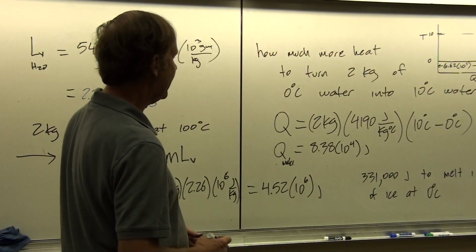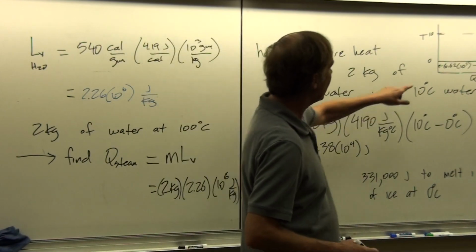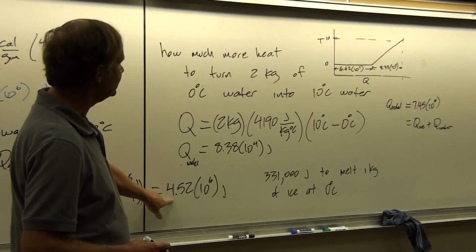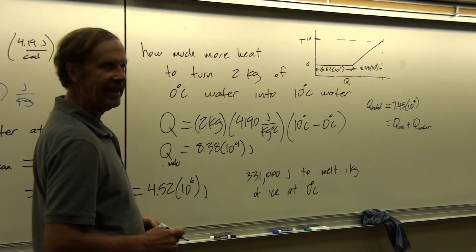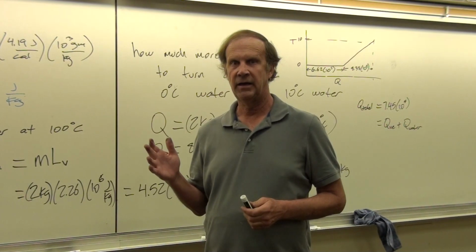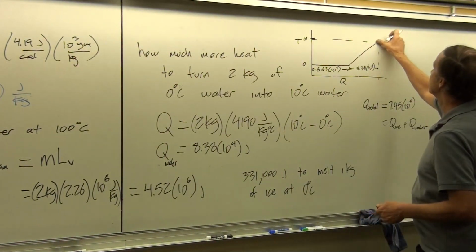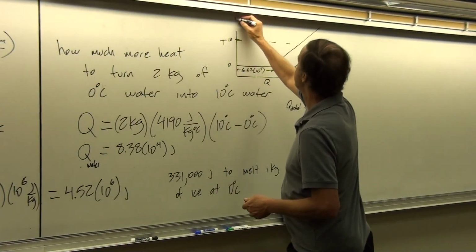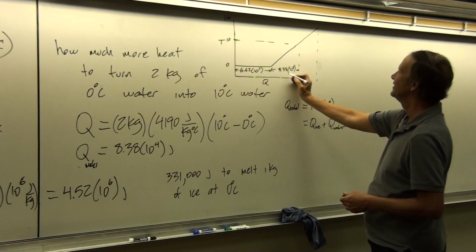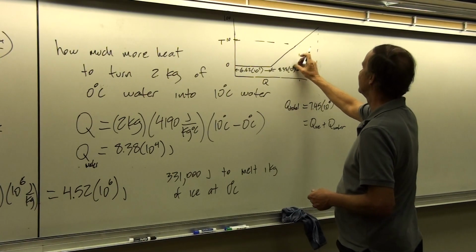Okay. Let's compare that with the Q ice that we looked at before. The Q ice was 6.62 times 10 to the 5. This is 4.52 times 10 to the 6. So this is something like 8 times as much heat to turn it from a liquid to a gas as was required to turn it from a solid to a liquid. If we were to go all the way to 100 here, and I haven't calculated how much total energy it would take to bring it to 100, it would be something like 10 times this value, or 8.38 times 10 to the 5.